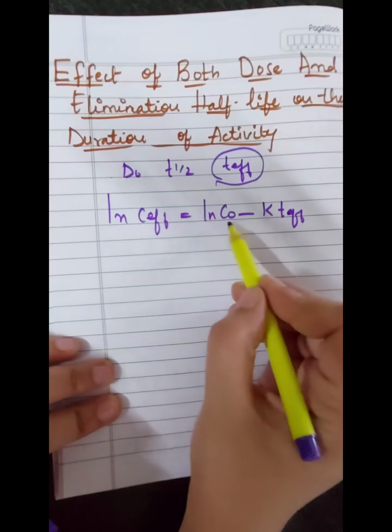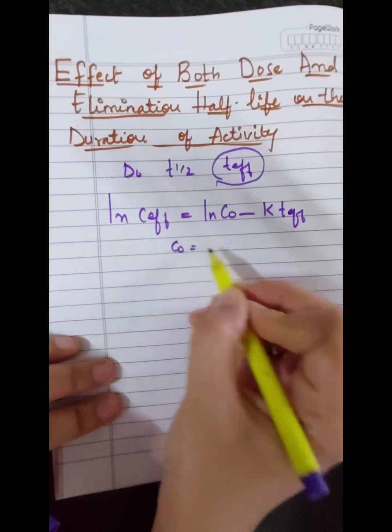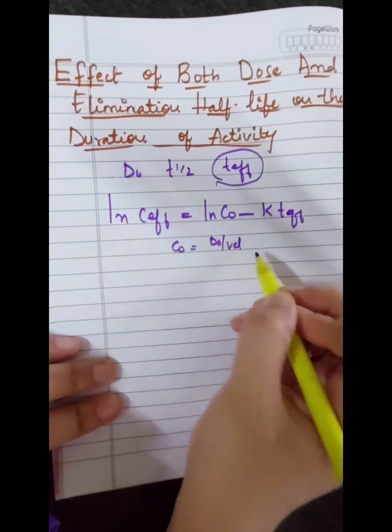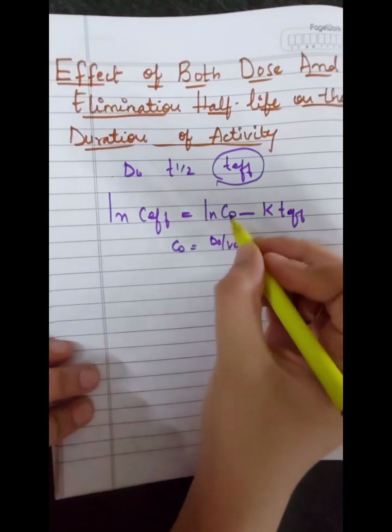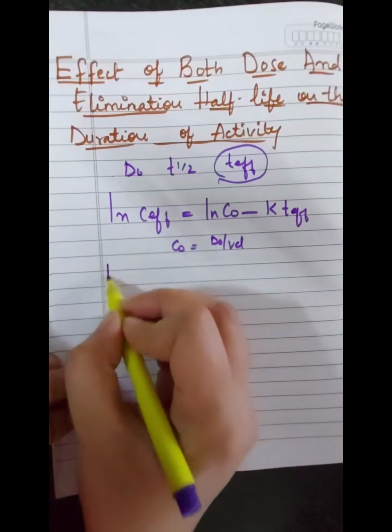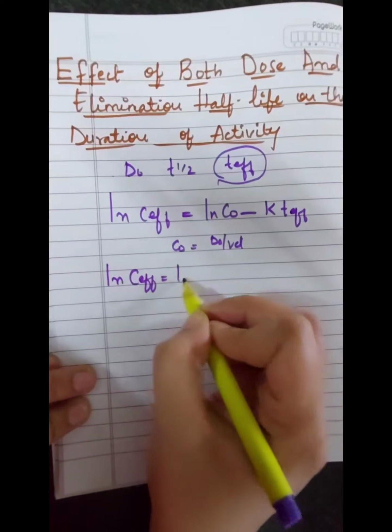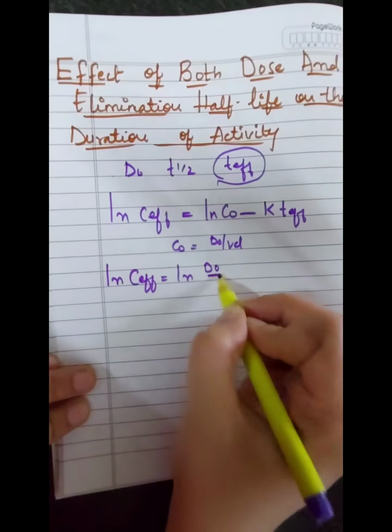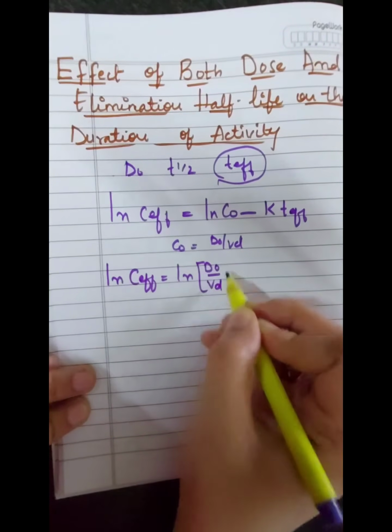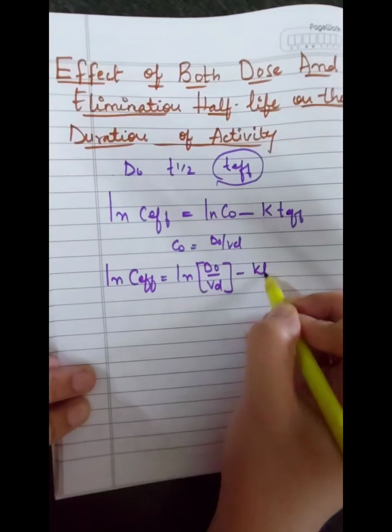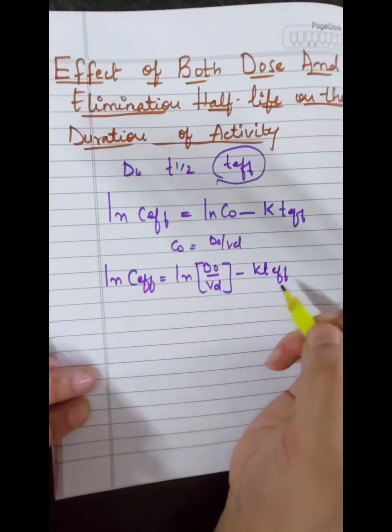Now we know C naught is equal to D naught divided by volume of distribution, and we add the same thing to this equation. Natural log of C effective equals natural log of D naught divided by VD, that is volume of distribution, minus K T effective.